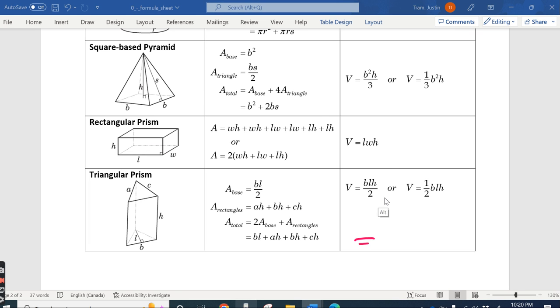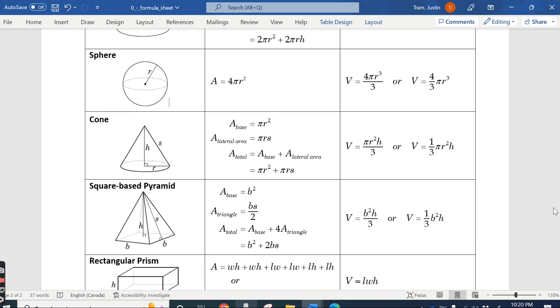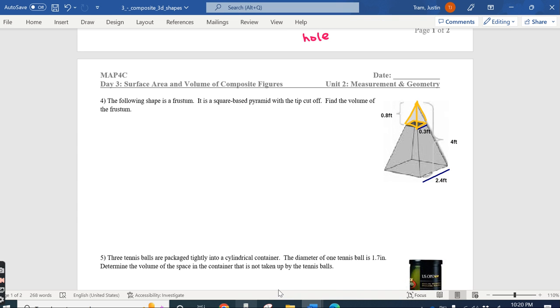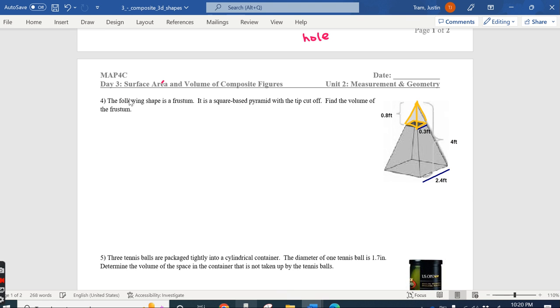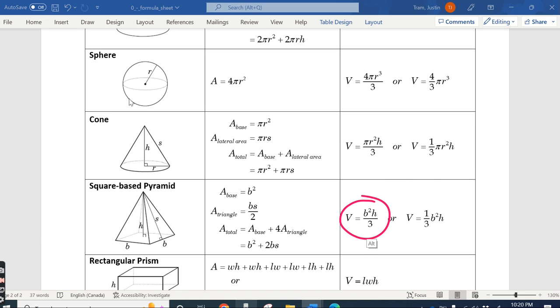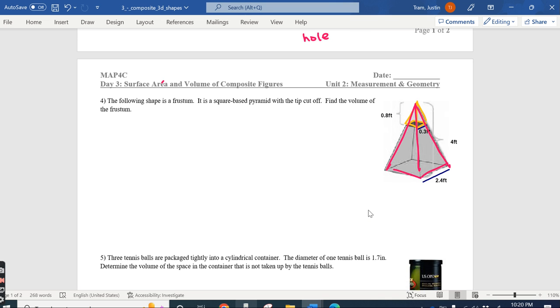Sorry, I lied. You're not using the volume of a prism. You're using the volume of a pyramid, which is right here, square-based pyramid. So that's the formula you would use for the big pyramid, which is this one right here. So find the volume of the big pyramid, then find the volume of the small square-based pyramid and subtract the 2.